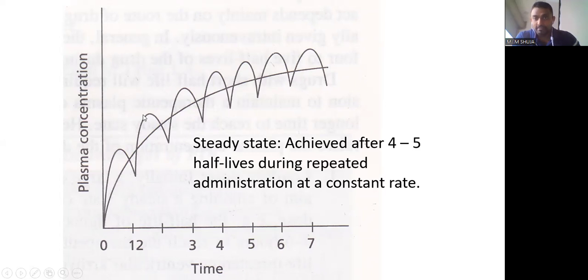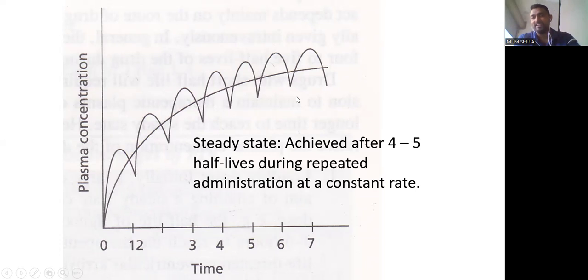And from this, 50% is reduced by the next T-half. Then at the end of the second T-half, you give the next dose. So the concentration is increased, because if you give 100%, only 50 is reduced by the end of T-half. At the end of the T-half, you are again giving 100%. So the concentration in the plasma gradually increases.